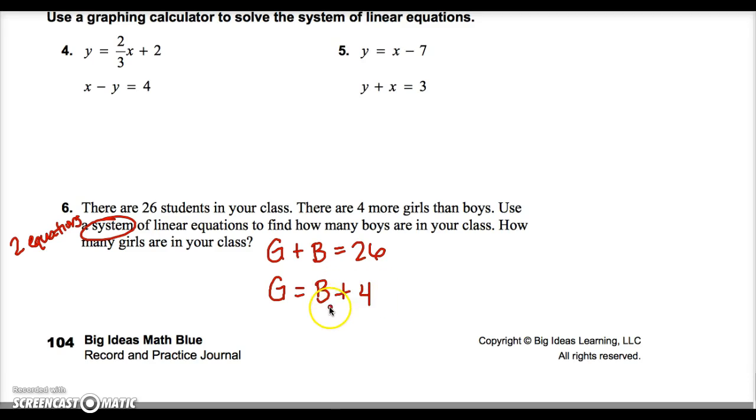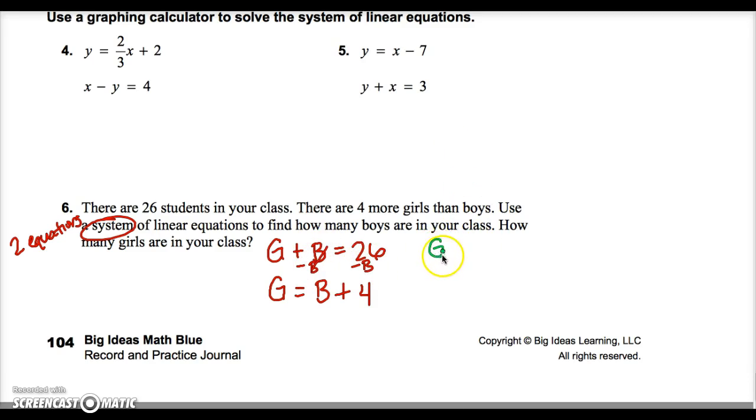Now, in order to solve this, if you notice, the equations don't look the same. Okay, this one has the girls and boys both on the same side of the equal sign. This one doesn't. Okay, but what we can do is solve this one for G. Just subtract B on each side.